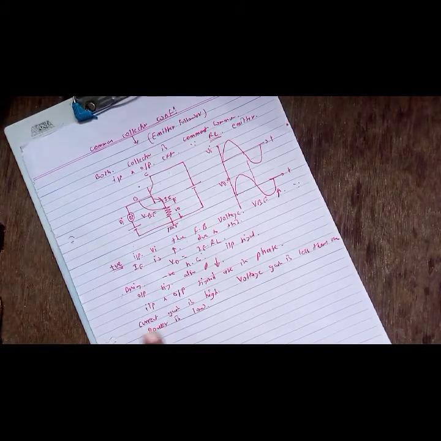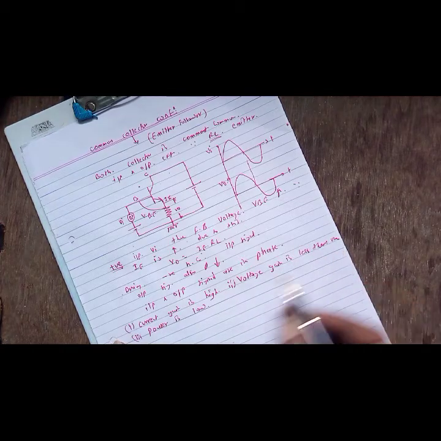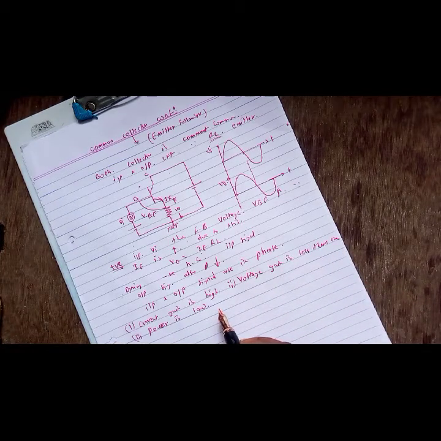So these are the three things. Again, you have to keep these three things in your mind. The current gain is high, the voltage gain is less than 1, and the power is low.